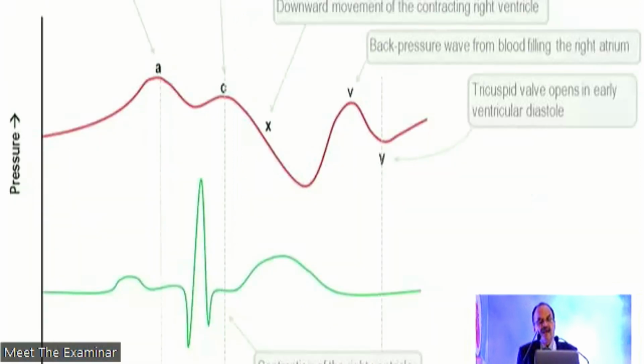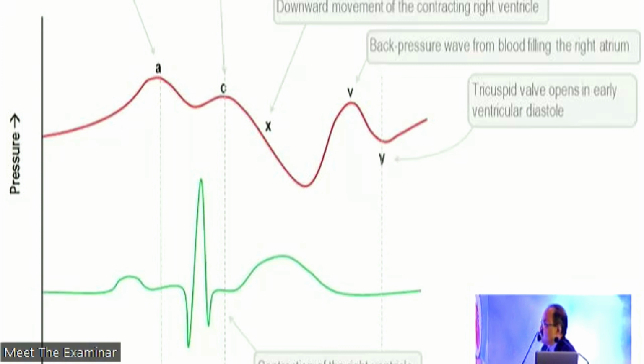In this slide, I have tried to recapitulate with you the jugular venous tracings that we all know. The first thing that we see here is the A wave, which corresponds to atrial contraction. After that, the atrium starts to relax, and so we have the X descent.